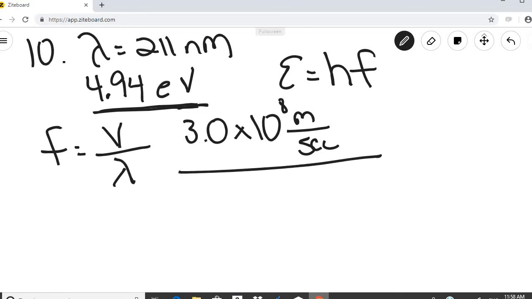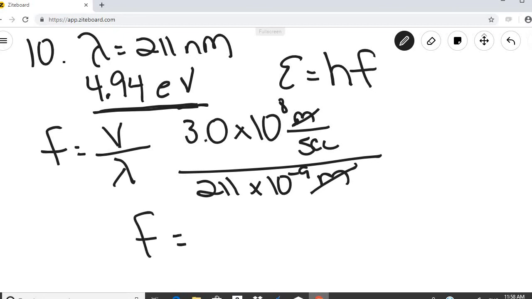And we'll divide that by 211 times 10 to the negative 9 meters. So the meters are going to cancel. You'll be left with 1 per second. So the frequency will be equal to 1.4 times 10 to the 15 1 per second, or hertz.